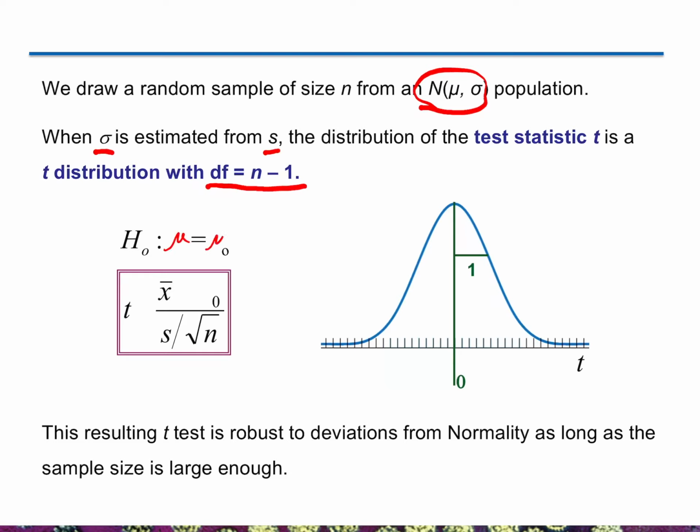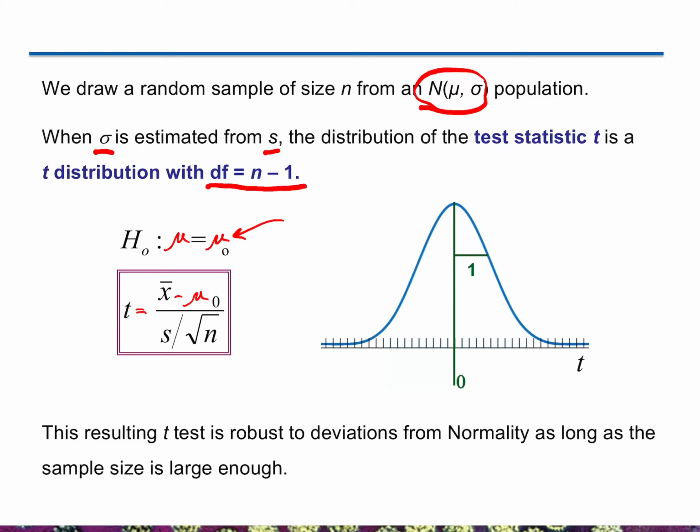All right, so again, we need to define our hypotheses. Our null hypothesis is that our population mean equals our null mean, so mu0 is our hypothesized null mean, okay? The test statistic, again, is our sample mean minus our hypothesized mean, over the sample standard deviation divided by the square root of n.